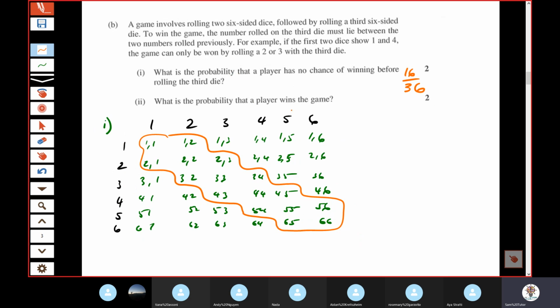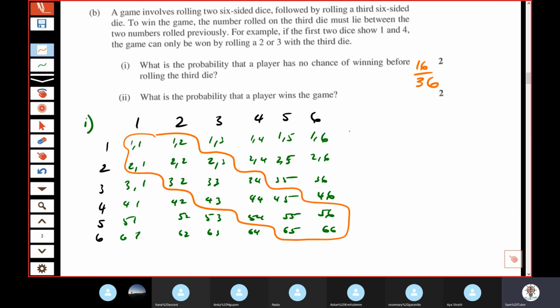What is the probability that a player wins the game? So, what needs to happen for you to win the game? Aya, can you tell me the situation where you will be able to win? Can't it just be 1 minus what you just worked out?